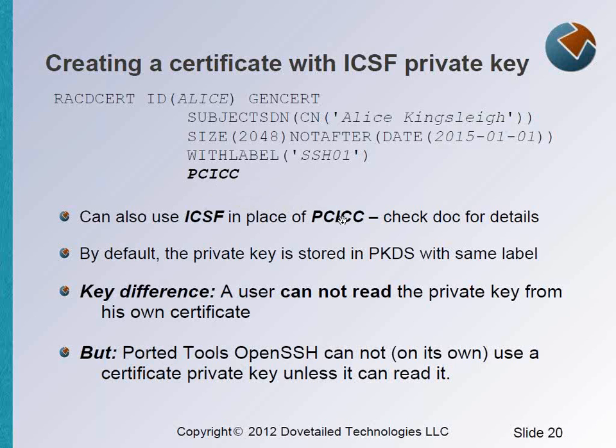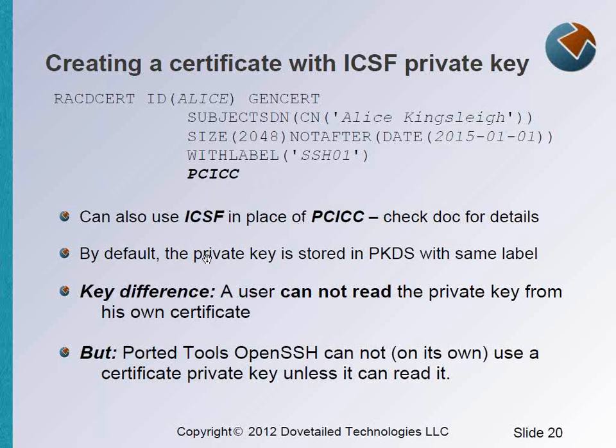Look at the documentation for the details, but I think PCICC says to use a coprocessor card to generate the key and then store the key in an ICSF token, whereas ICSF, I think, says use ICSF to generate the key and then store it in a token. So in both cases, the private key gets stored in ICSF hardware.